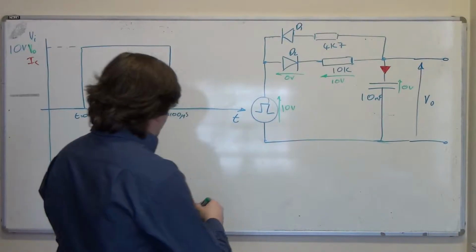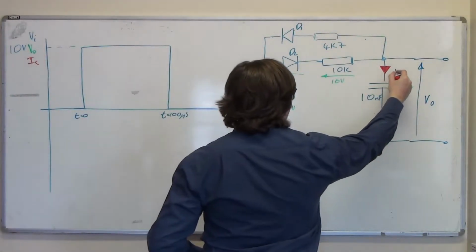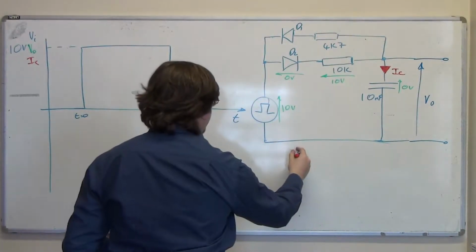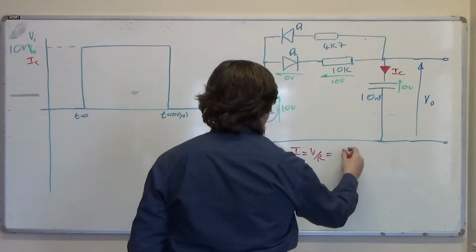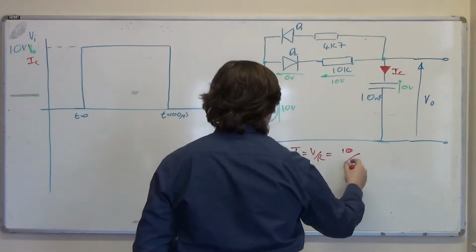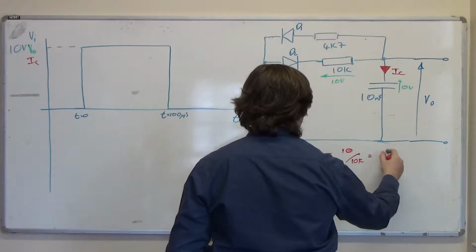So if that's the case, we can work out the current in the resistor, and that will tell us what IC is. So we can have I is V over R, which is 10 upon 10k, which is 1 milliamp.